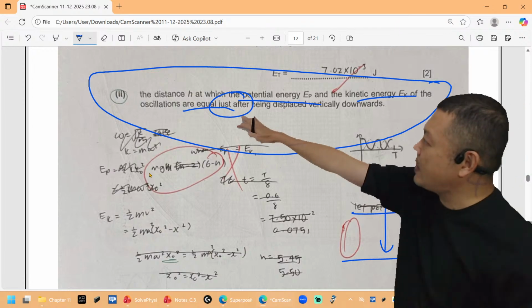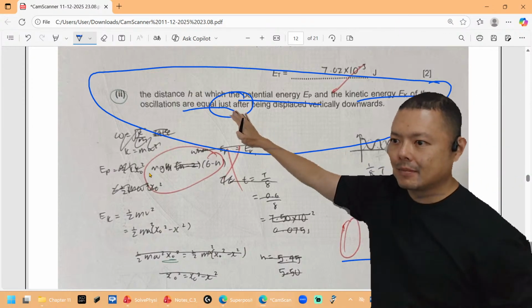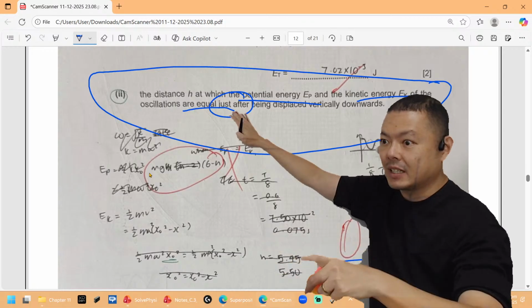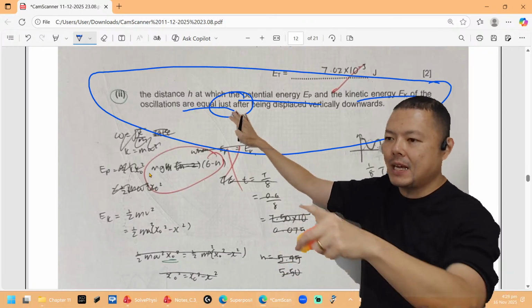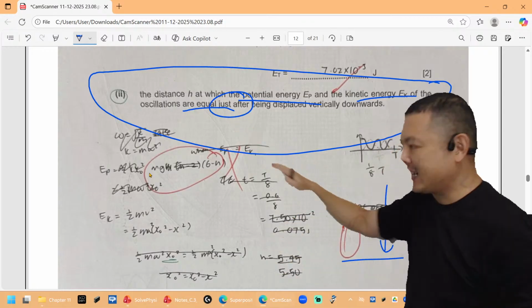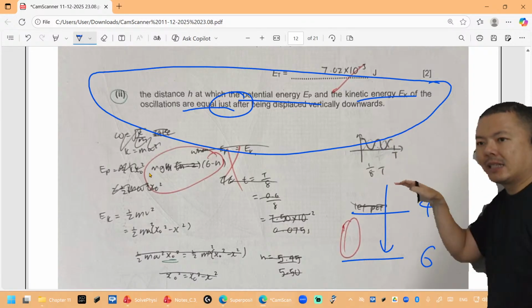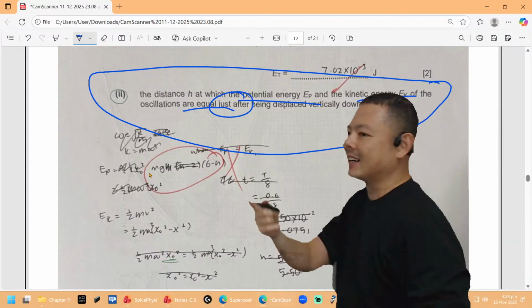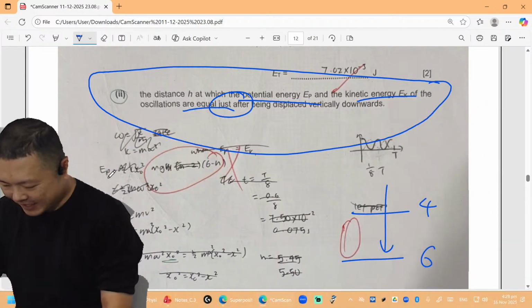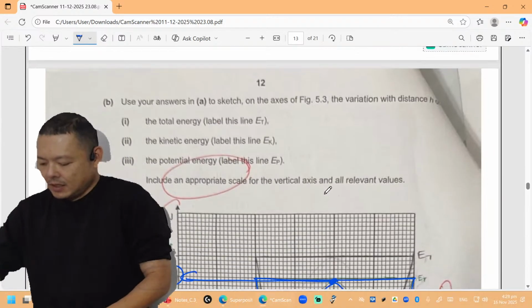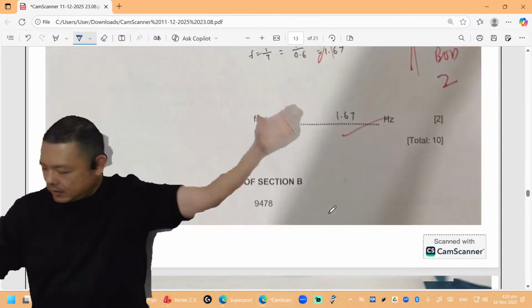If I change the question and ask when's the second time the EP equals the EK, then that one will be above the 4 cm mark. The first time is here, the second time is there. Okay, no problem. What's the next one?